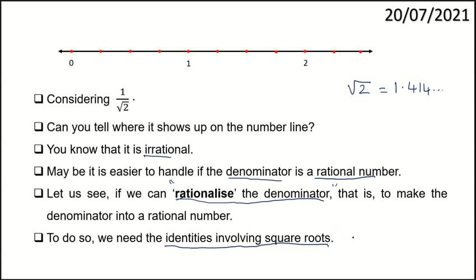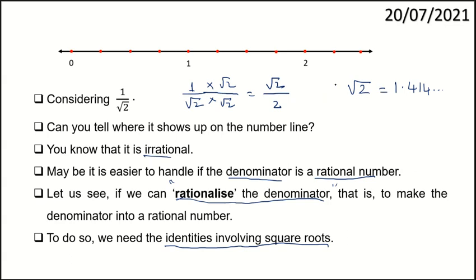You have already learnt. In this case, when I multiply both numerator and denominator by root 2, then 1 into root 2 becomes root 2, and root 2 into root 2 becomes 2.